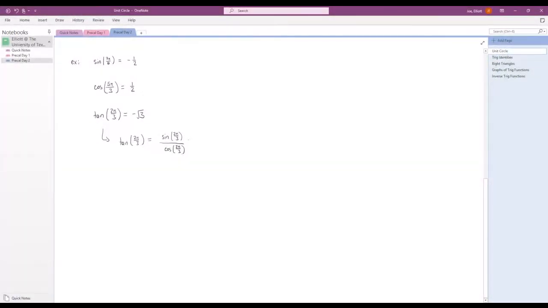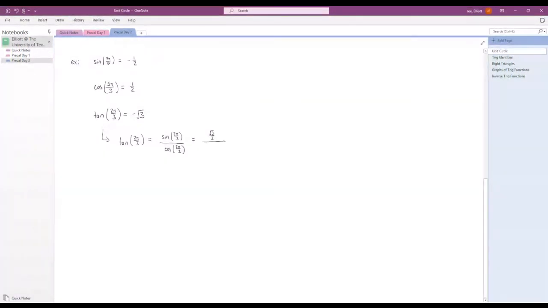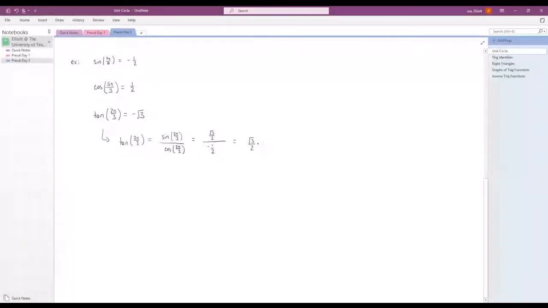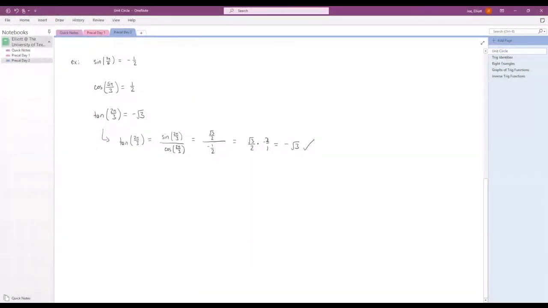You could think about the unit circle if you need to, but you can figure out what sine and cosine at these two values are. The sine of 2 pi over 3, I think that's root 3 over 2. Cosine 2 pi over 3, I think that one is negative 1/2. So then this does simplify to be negative root 3. So yeah, that seems to check out, okay?